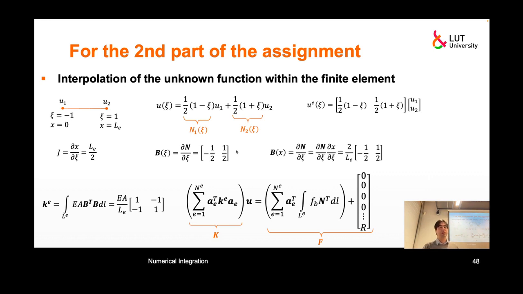So you can do that at this step when you express this matrix of gradients in terms of global coordinates. It's of course the same matrix, but there is this multiplier because of this length transformation. So this comes into the picture. Then we can calculate this local stiffness matrix.